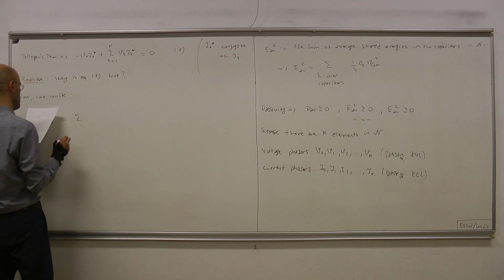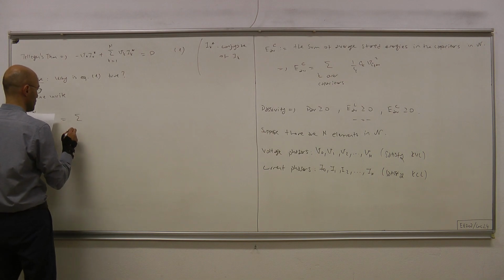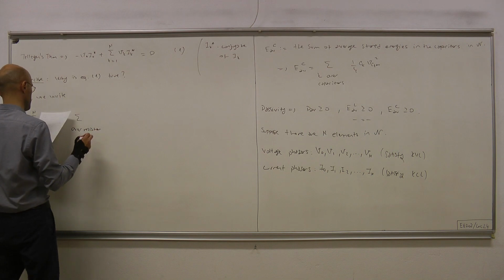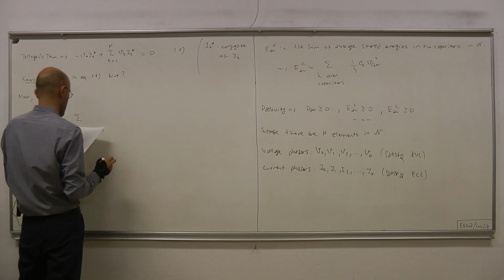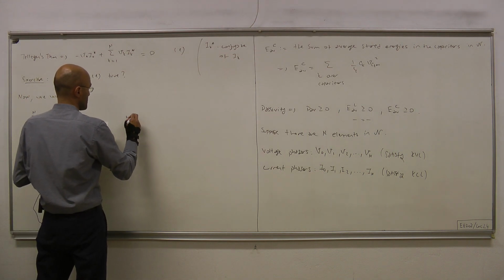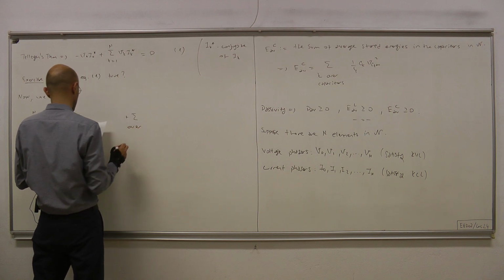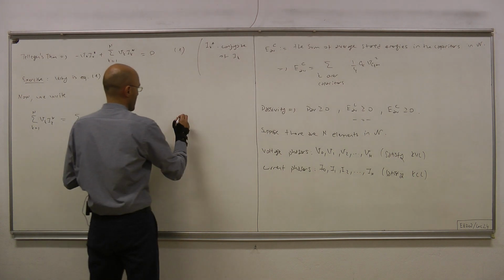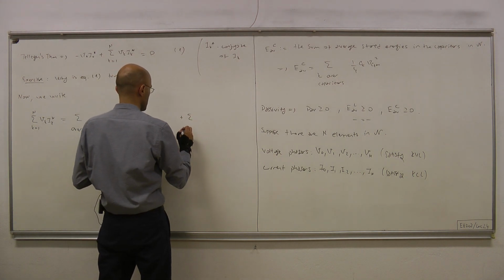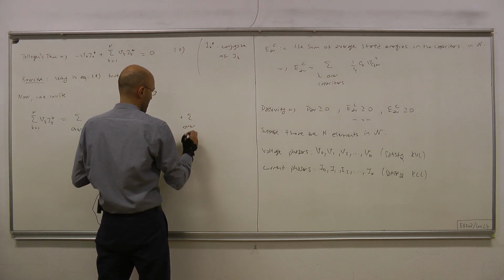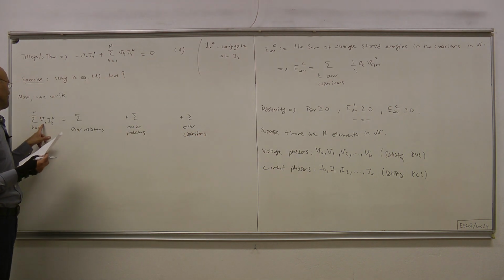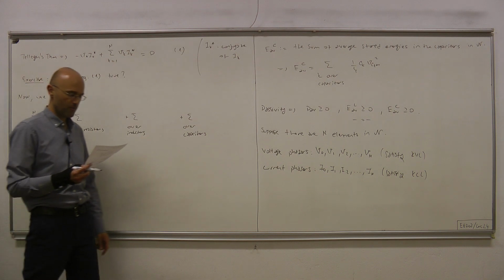In other words, we can write this as summation over resistors, plus summation over inductors, and finally plus summation over capacitors. What's being summed is this product Vk Ik star.